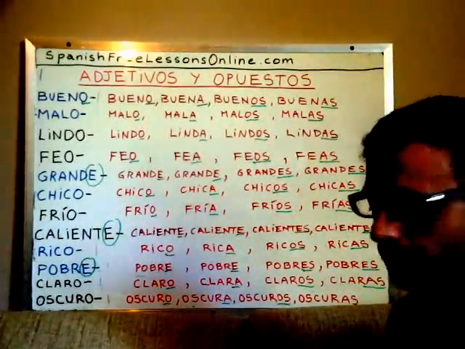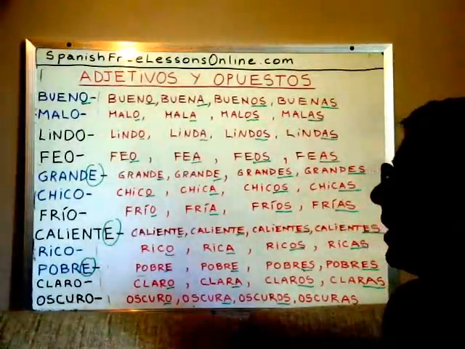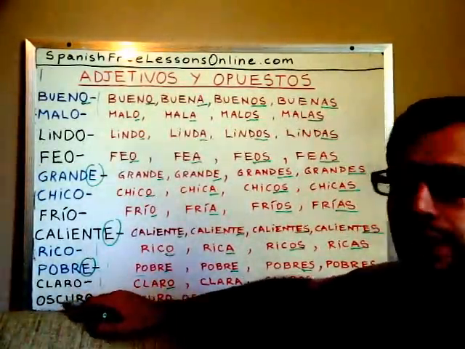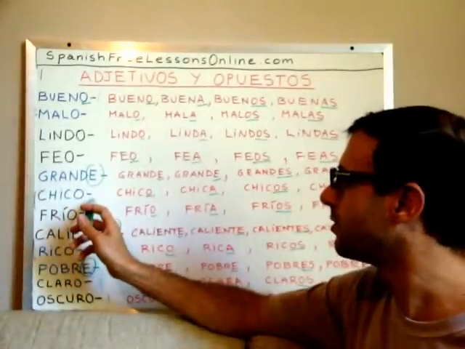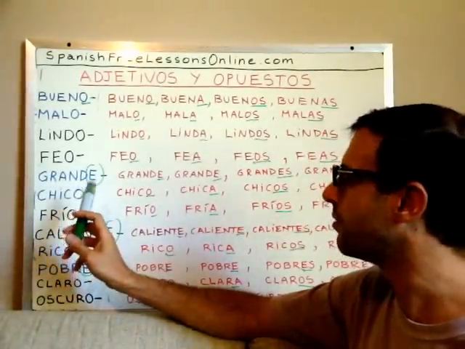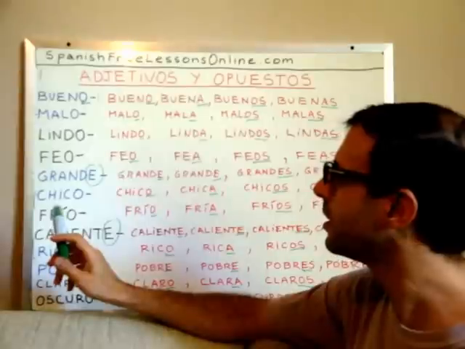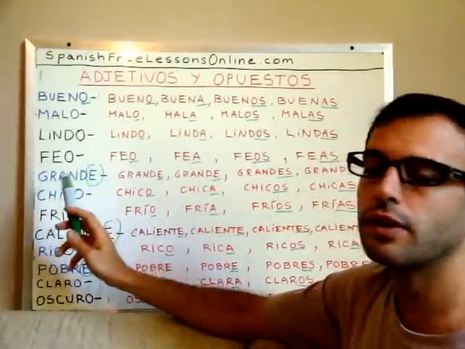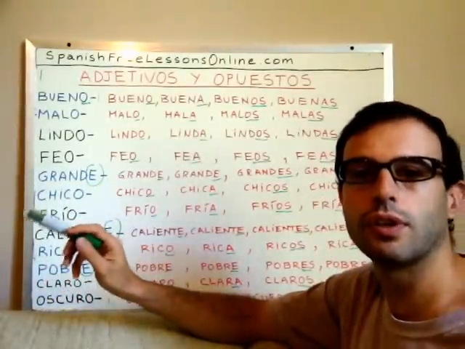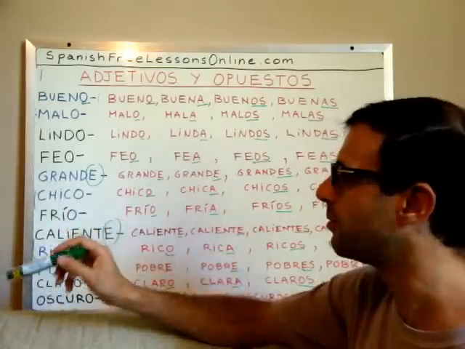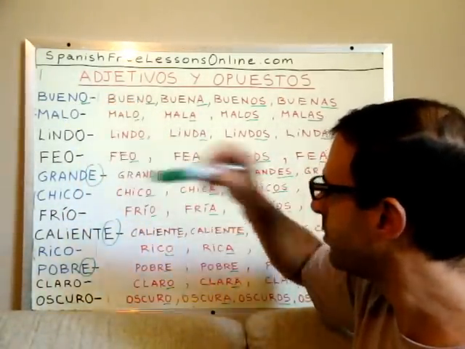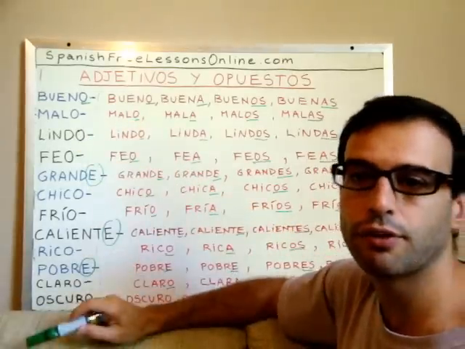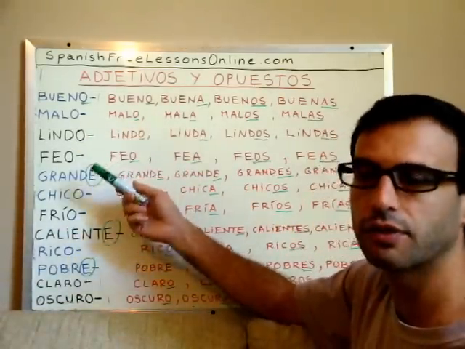This is also regular. So, when the ending of the adjective is the typical ending of a masculine or a feminine, then the adjective switches its ending to masculine or feminine, right? Typical example, O ends in O, so it switches to A for a feminine, or vice versa.